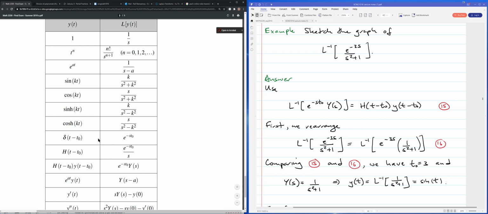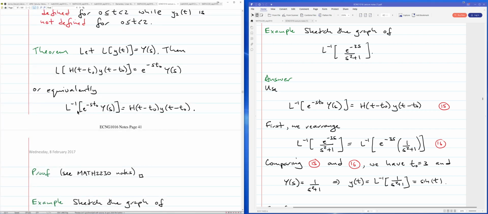We will not do Dirac delta in this class. So when you have an e to the minus s on top, you need to handle it appropriately. Typically, to get an inverse Laplace transform of something with e to the minus 3s in it, the answer is going to be a Heaviside times y(t-t0). In other words, we're going to be using this formula for the Laplace inverse.